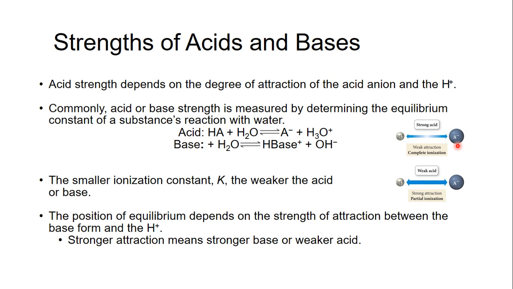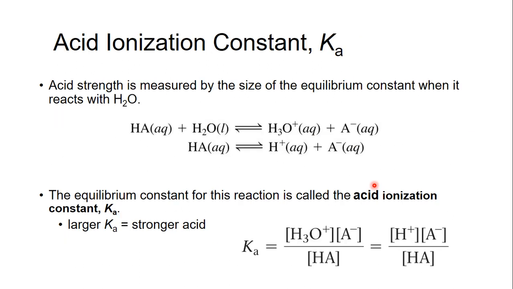Something will dissociate completely if the interaction between the negative ion and the positive ion is weak. So for strong acids that dissociate completely, the attraction between the hydrogen and the anion it's connected to is very weak. While if you have a strong attraction, that anion does not want to let go of that hydronium ion, so not a lot of hydronium actually leaves. So you get a weak acid, right?